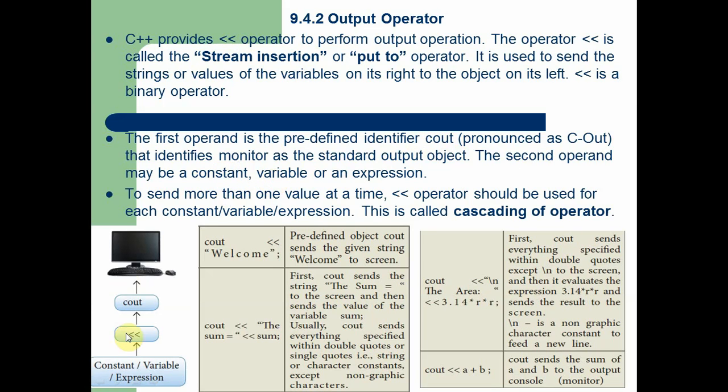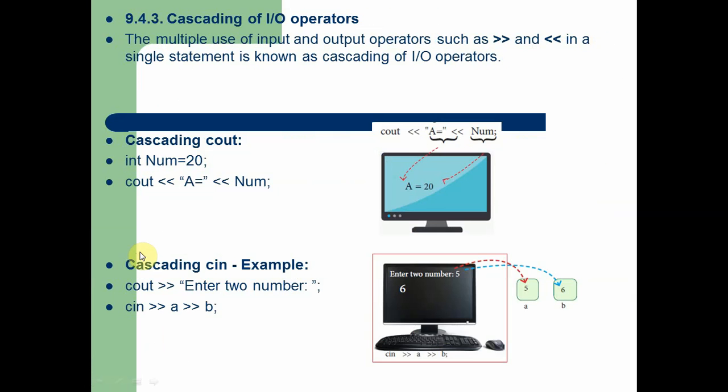So look at this diagram. Here you can see this is the put-to operator. It has two operands. This is the first operand, this is the second operand. So the put-to operator accepts all the data from its right side and sends it to the left side. This operator cout will simply send the data received to the monitor.